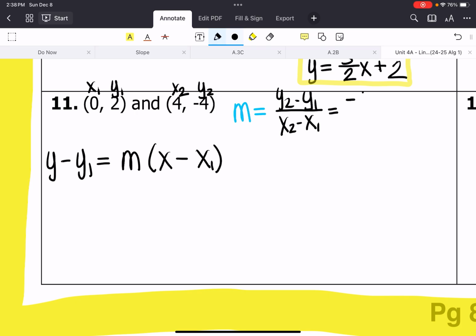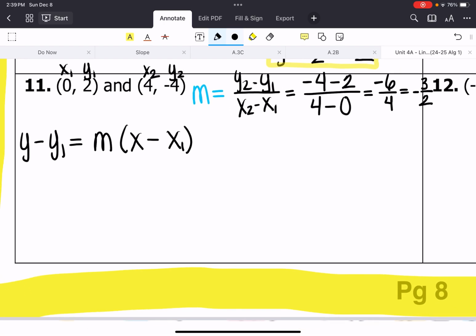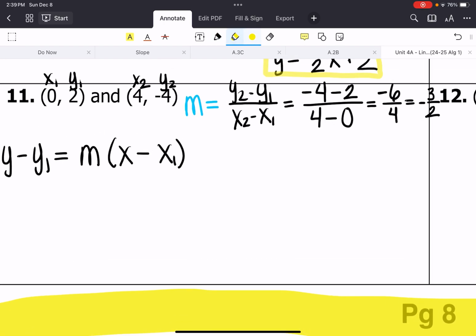So y2 is negative 4, y1 is positive 2, x2 is 4, and we're subtracting x1, which is 0. Negative 4 minus 2 gives me negative 6. 4 minus 0 leaves me with 4. And when you simplify this, you're going to get negative 3/2. So this gives me my slope.